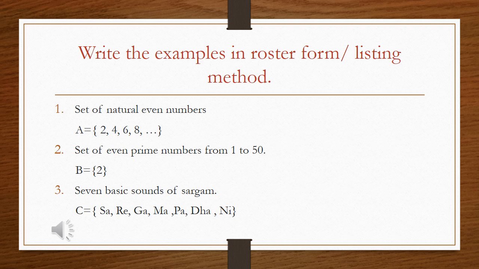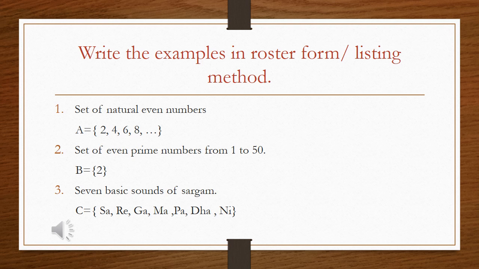We know that prime numbers have only the factors 1 and that number. Actually there are many prime numbers from 1 to 50, so we can write 2, 3, 5, 7, etc. But the condition is that it is an even prime number. So 2 is the only even prime number, so we write the set B as 2.